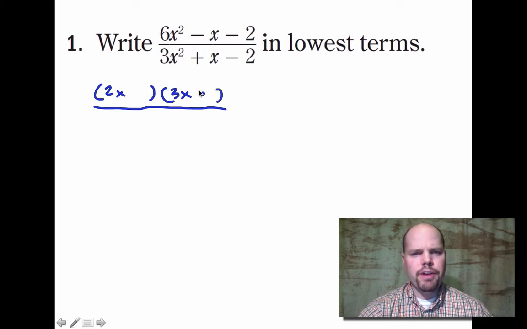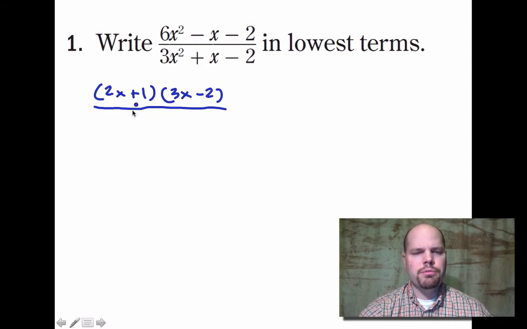Well, I know if I can get 2 times 2 to be 4, and then 1 times 3 is 3, and one of them negative, and the larger one negative. So I need a minus 2 here to make 2x times minus 2 a negative 4x, and then I need plus 1 here to make this middle term 3x, and then they add up to negative 1x.